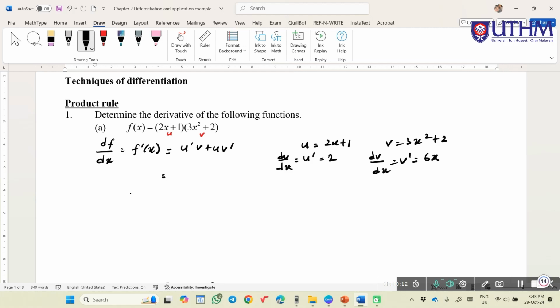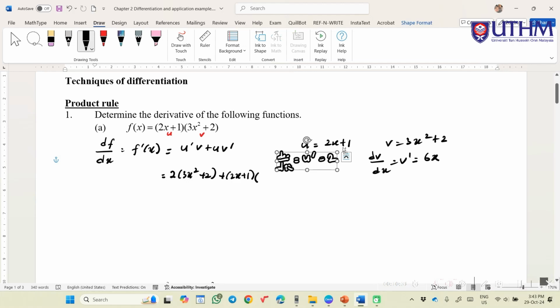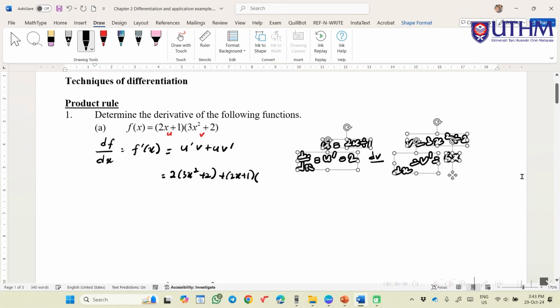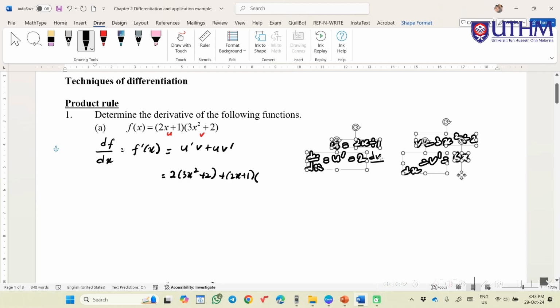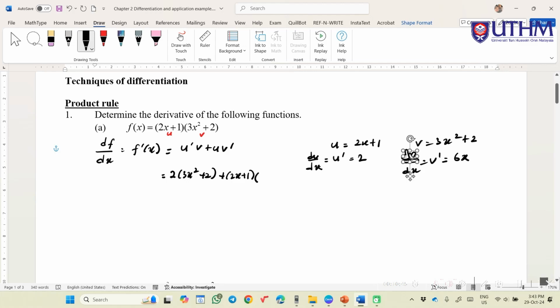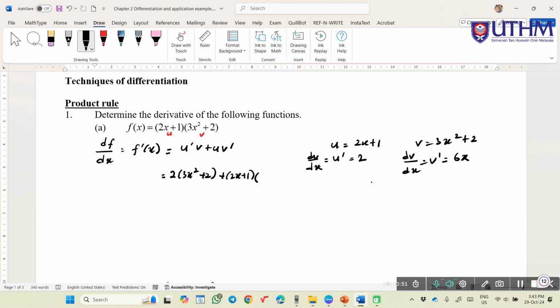So u prime is 2, times v, which is 3x squared plus 2, plus u, which is 2x plus 1, times v prime, which is 6x.